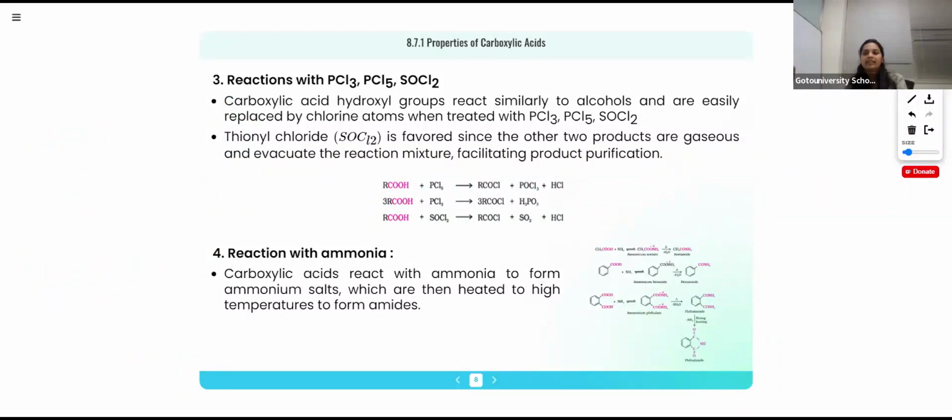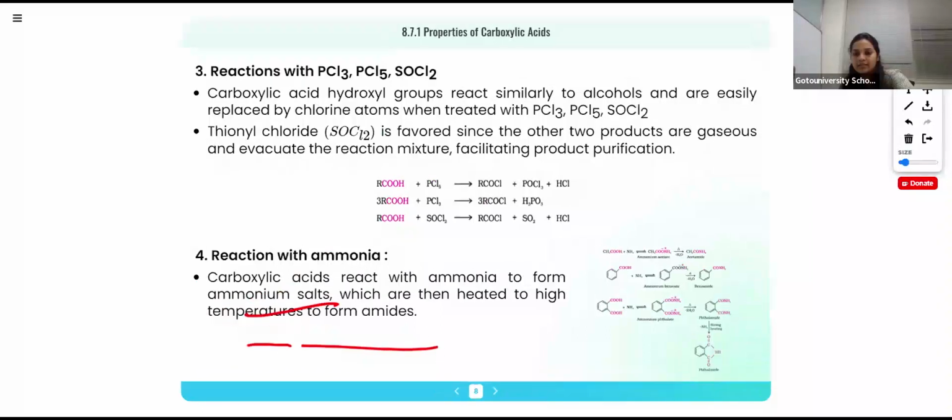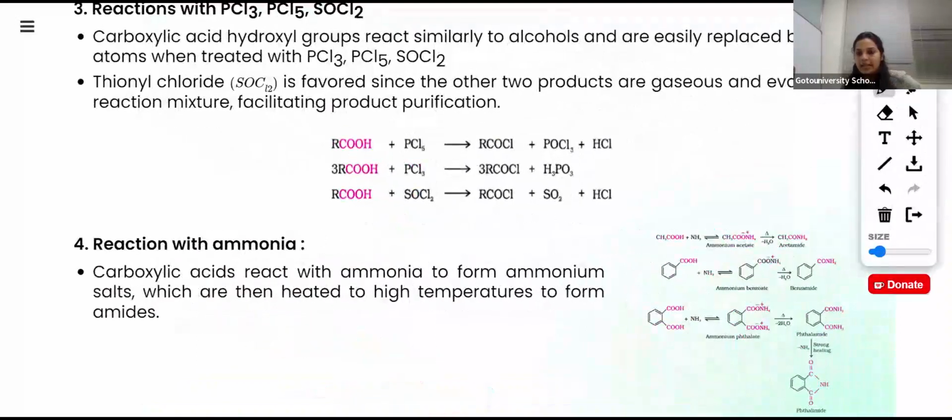Next one. Reaction with ammonia. Carboxylic acid reacts with ammonia to form an ammonium salt, which is then heated to high temperature to form amides. Important. See the reaction. In this reaction, you can see this is the acid and this is the ammonia.